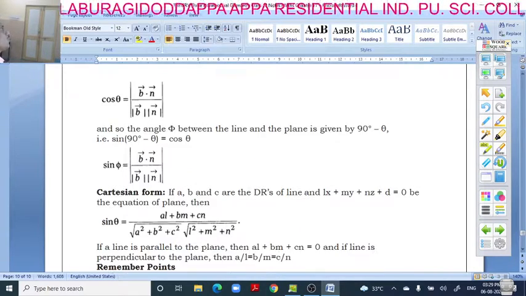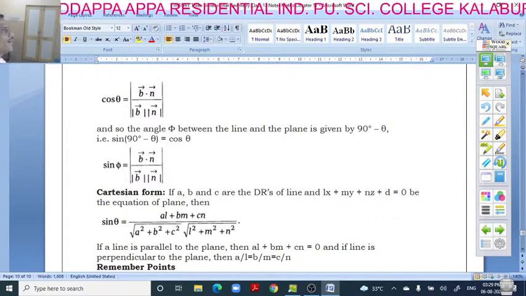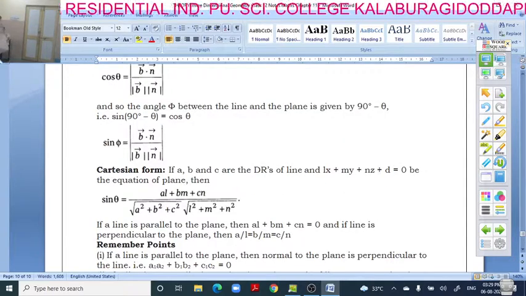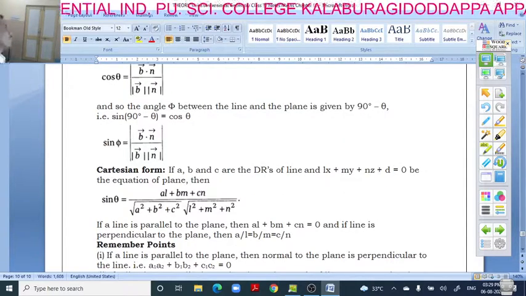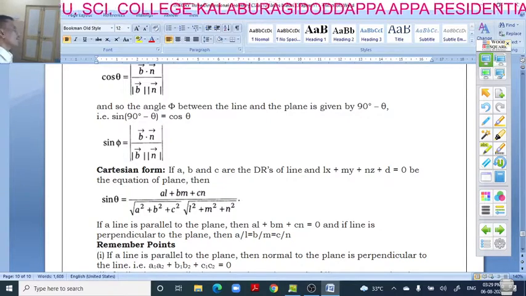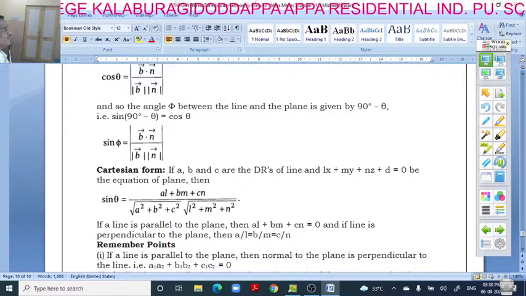The angle phi between the line and the plane is 90 degrees minus theta. So sin of 90 minus theta is equal to cos theta, and sin phi is equal to modulus of vector b dot vector n divided by magnitude of b into magnitude of n.